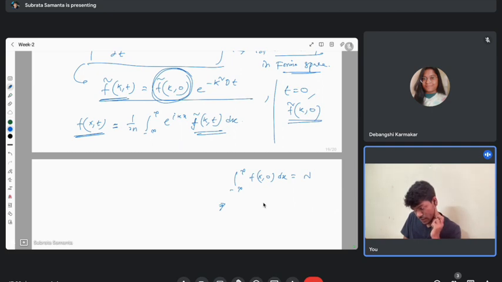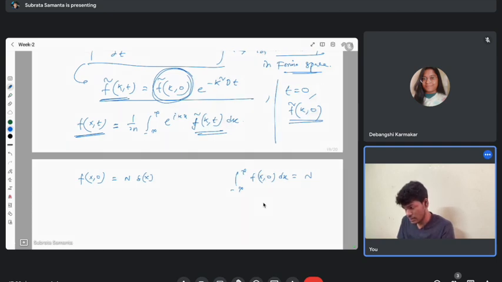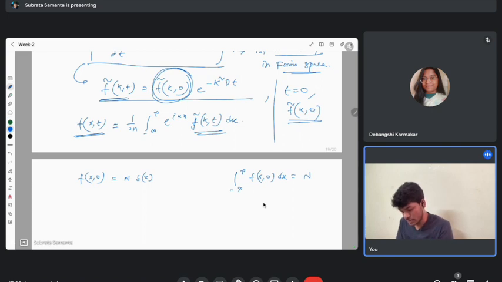So when we write this f(x,0), let's write f(x,0) as N delta(x), and we can write this f(x,0).